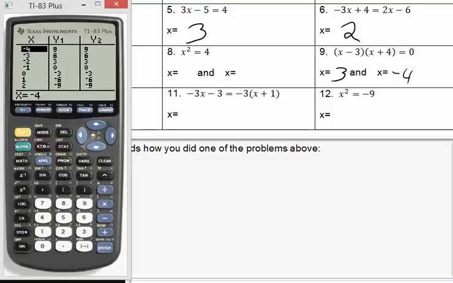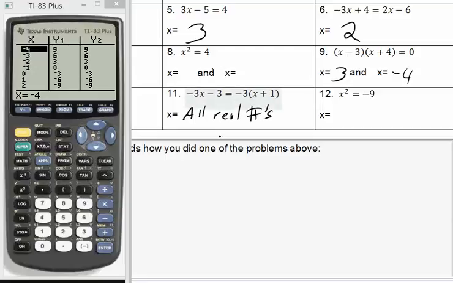So when they're always the same, the answer is x is all real numbers. Or infinite solutions is another way you could write it. Because no matter what x is, this is going to be true. And the reason is when you distribute this, you get negative 3x minus 3. They're the same exact expression.